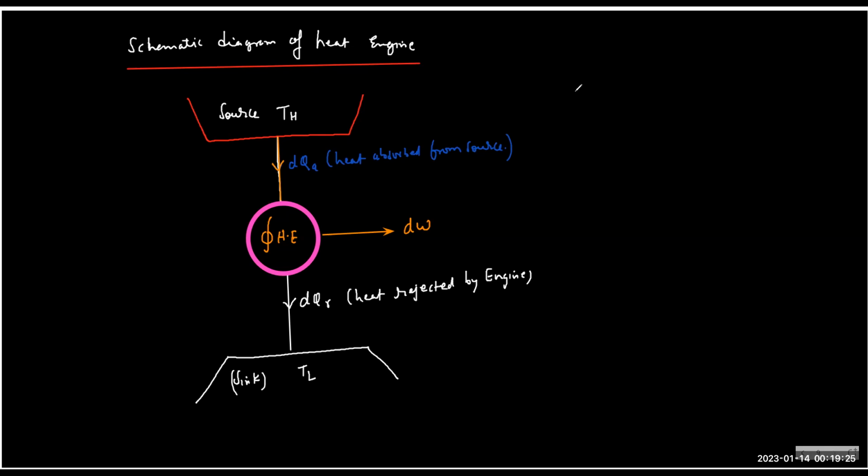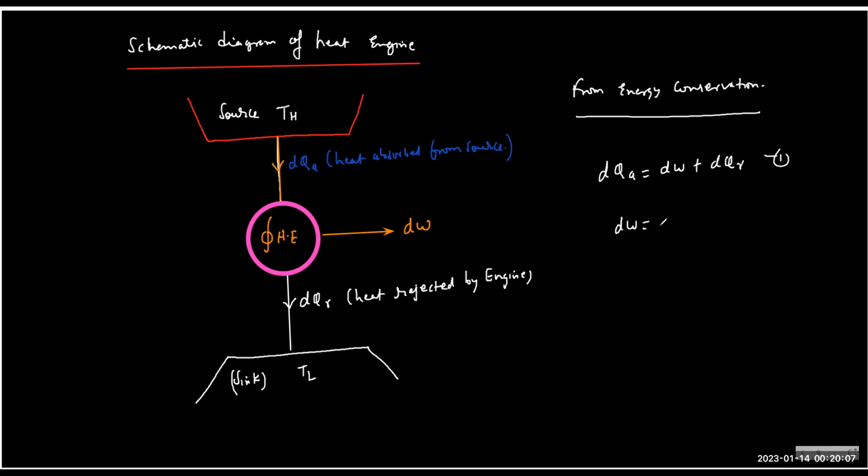From energy conservation, what can you write? Sir, dQA is equal to dW plus dQR. Exactly. So when you're solving numericals from the second law, you always have to start with this diagram and this relation. Is this clear?